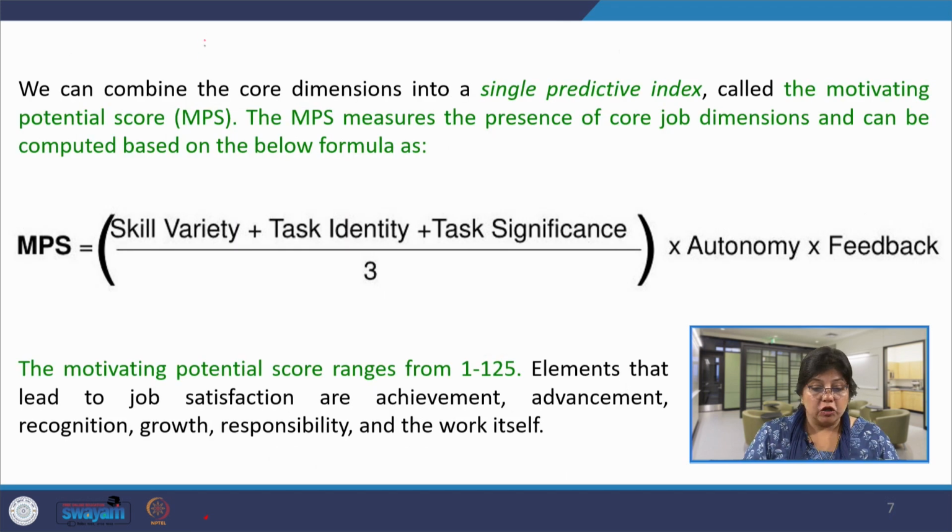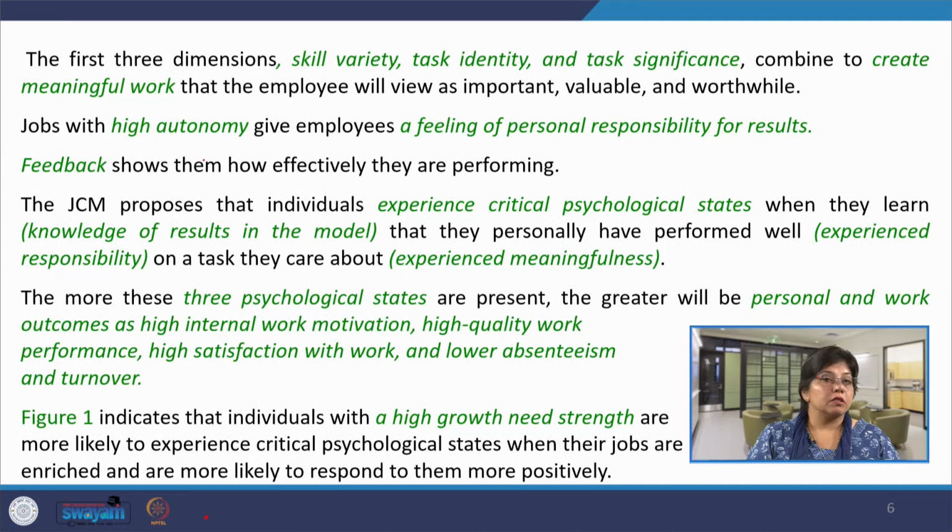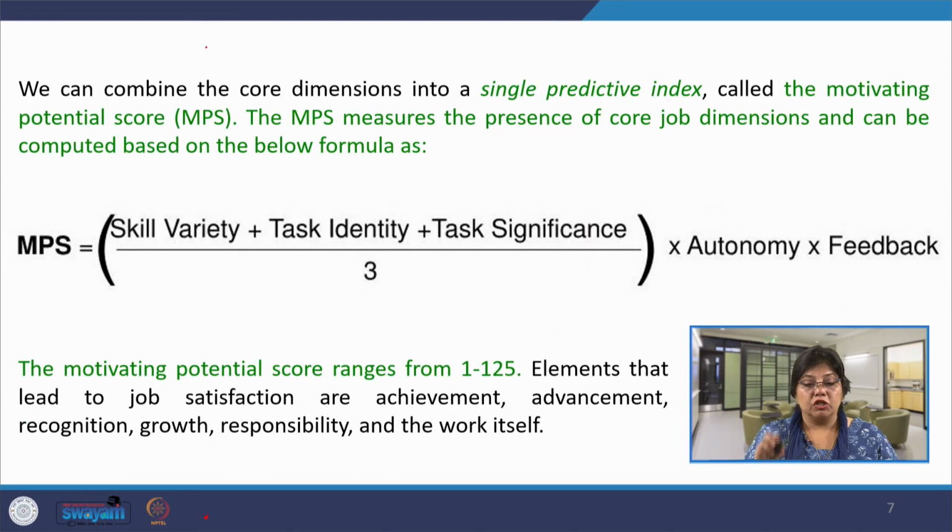Further, if we are talking about the job characteristics model, it does not carry only theoretical significance. It also has some empirical validation, that to what extent we can measure an individual's perception about identity, variety, significance, autonomy and feedback, which is based on the motivation potential score.